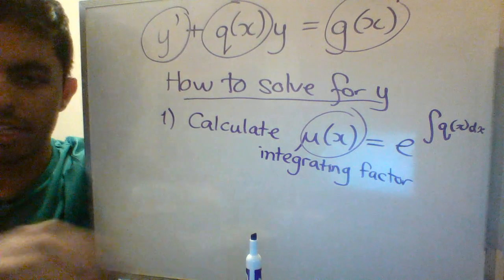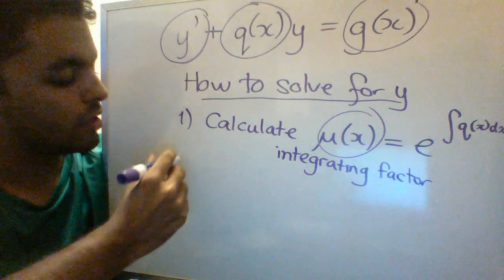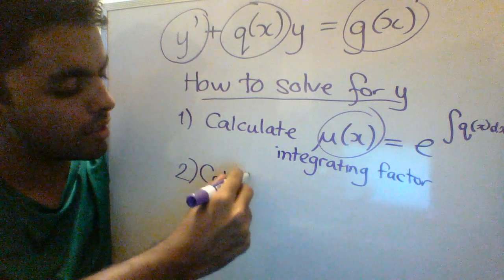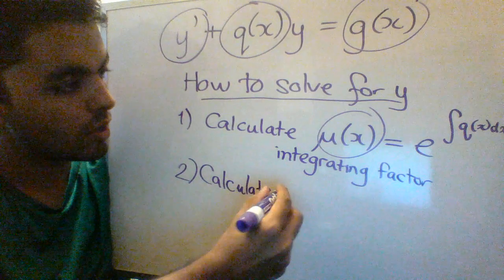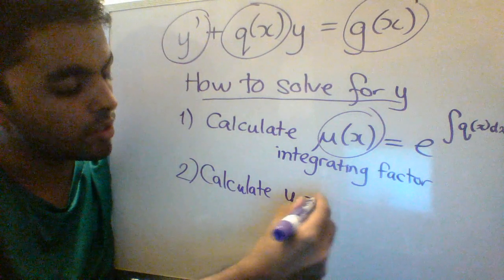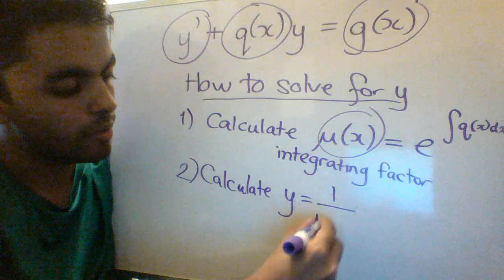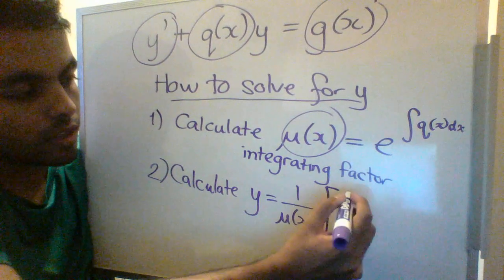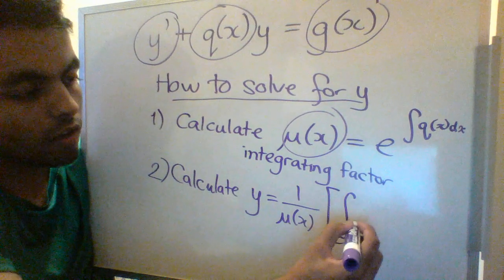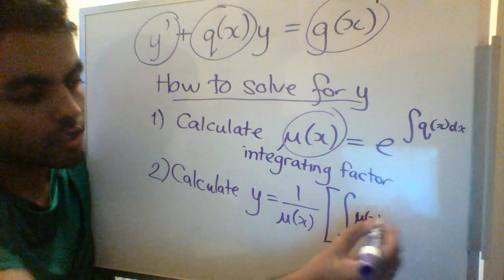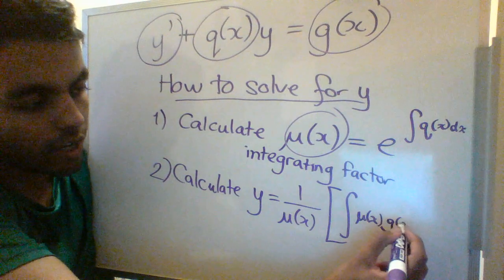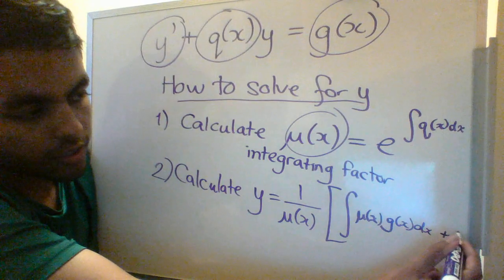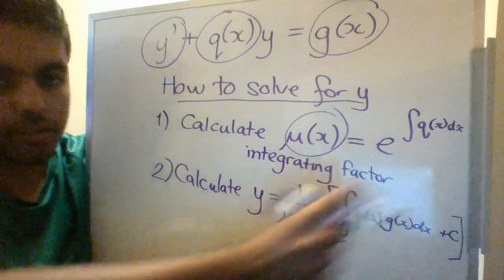And then what happens is we move on and we calculate y, which is 1 over mu of x times the integral of mu of x times g of x dx plus c. Now, a couple things.